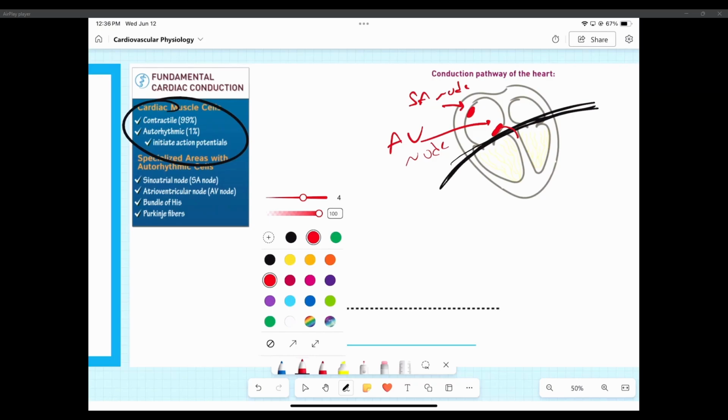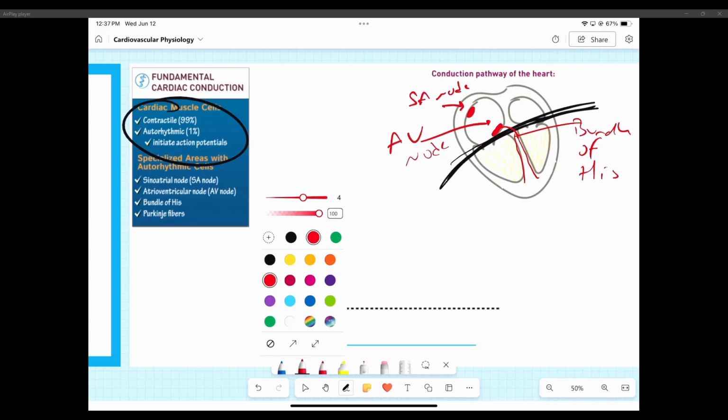What's the first little area that it's going to depolarize for electrical activity of the heart? As you go down from the AV node, what's the next one? Bundle of His, or His bundle. Then, as the impulse comes down, we have two branches, and these are the bundle branches. We have a left one, we have a right one.